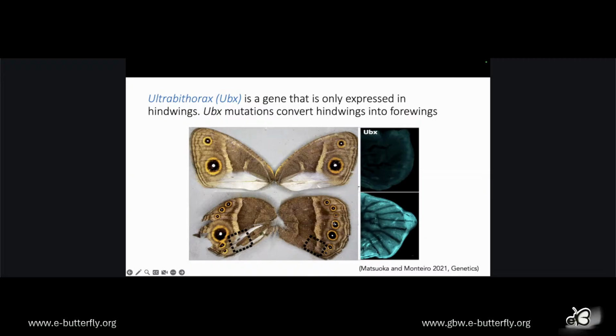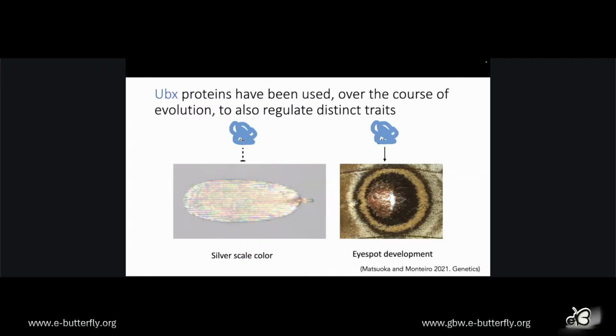Sorry, it represses, the normal function is to make the eye spots smaller, so when you remove it, the eye spots get bigger. So again, these UBX proteins, over the course of evolution, have been changing a forewing default program into a hindwing program by interfering with multiple processes of structural scale development, like repressing the silver scale program, and also in this case, repressing eye spots from certain wing sectors in the hindwing.